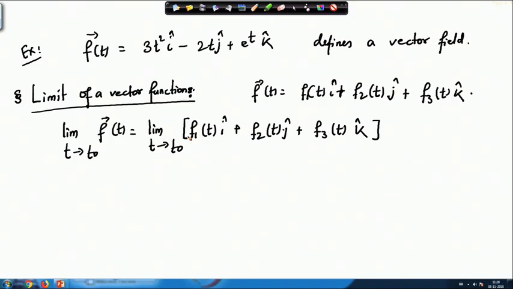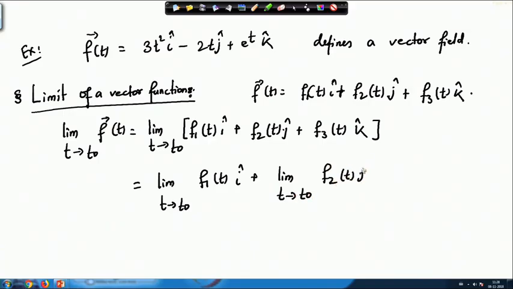All right. So, here we are defining the limits. This is the required way to define the limit.